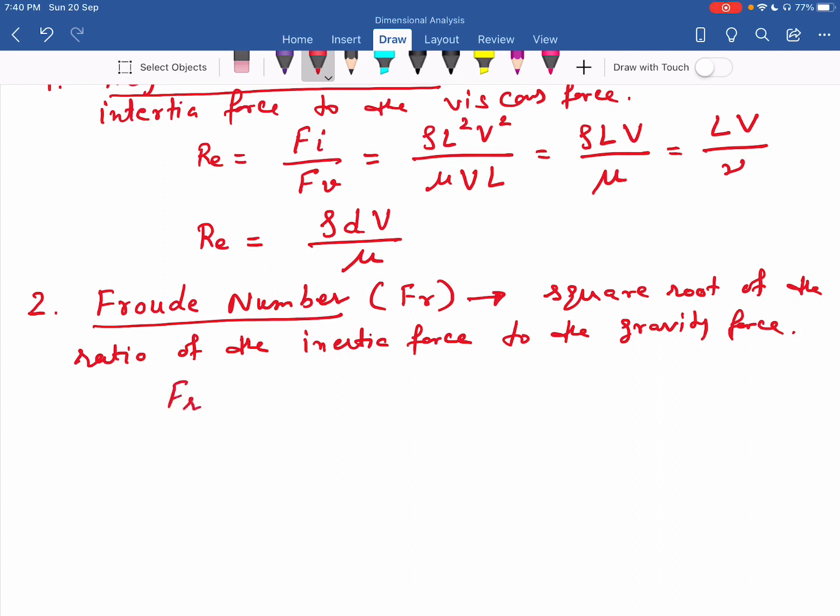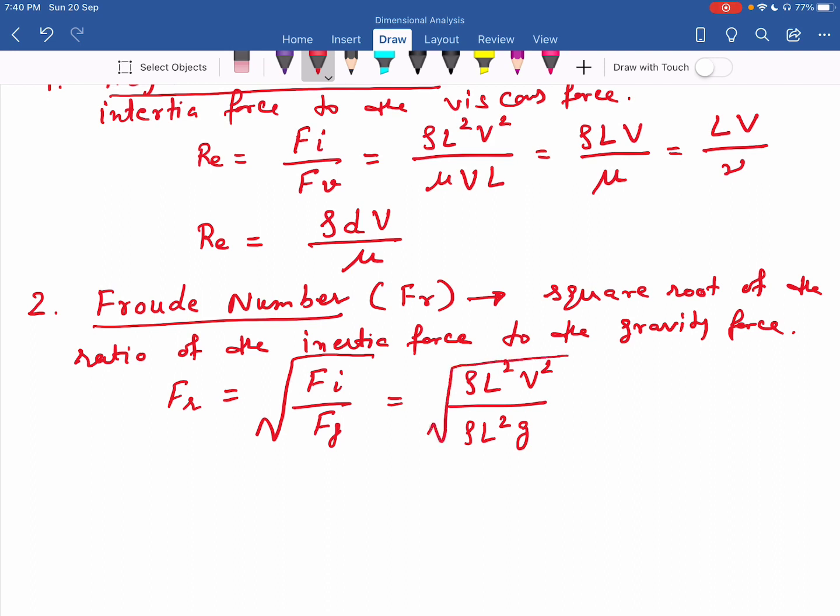So Fr I can write as equal to Fi divided by Fg under root. So this I can write as rho L square V square divided by the gravity force rho L square g, within under root. So this comes out to be V upon Lg under root. This is the Froude number.